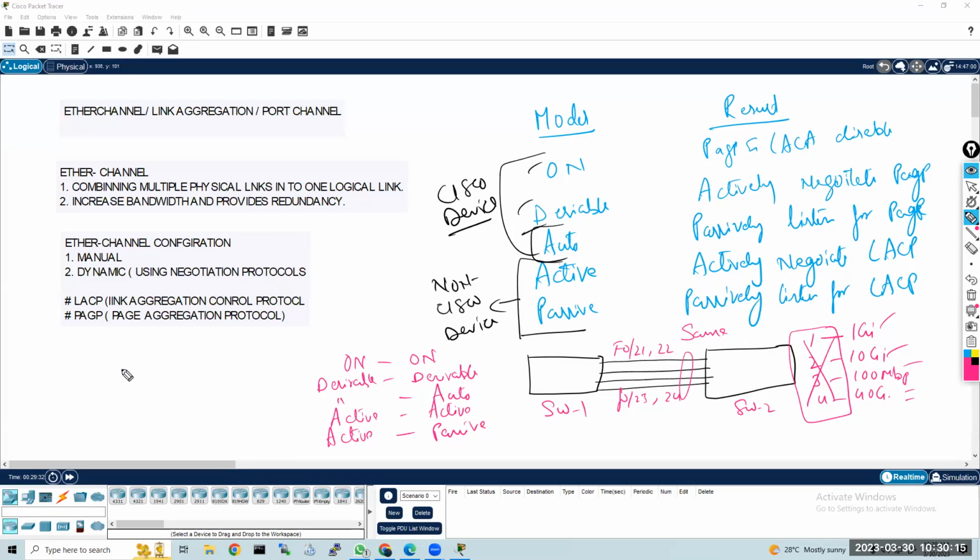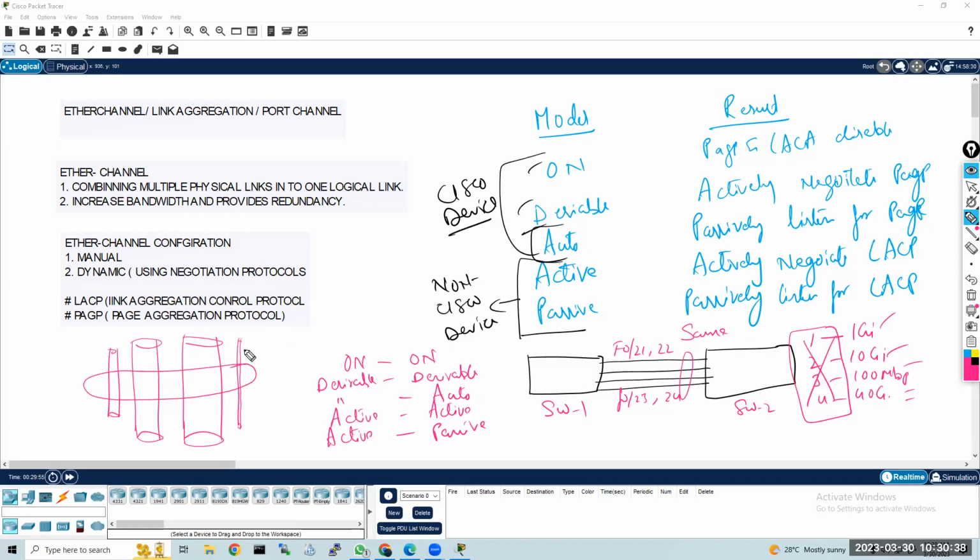It's like this, guys: one stick is this size, another is this much, another is very big, another is very lean. We cannot make an EtherChannel of them.